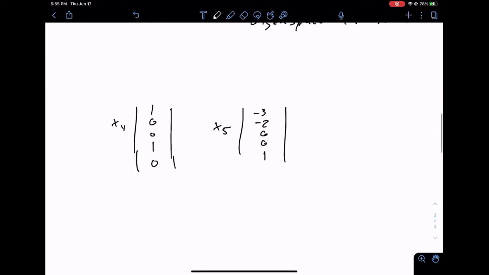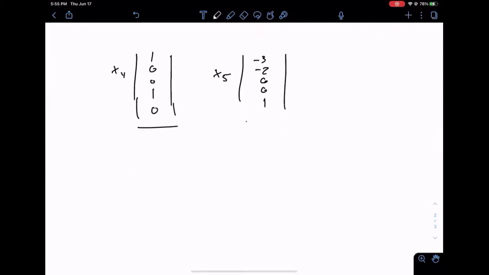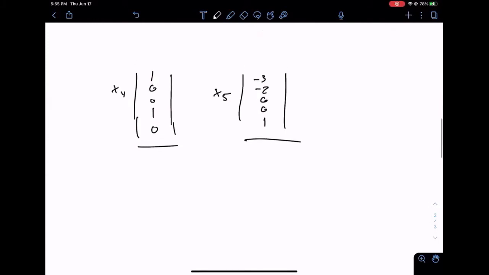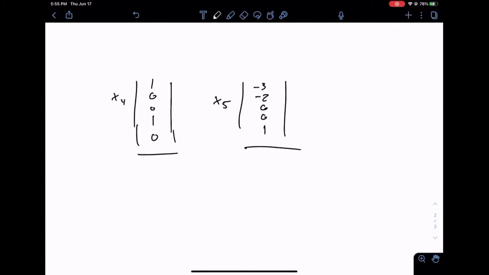Well, then the basis for the eigenspace would be these two vectors. So, yeah, not too terribly difficult.